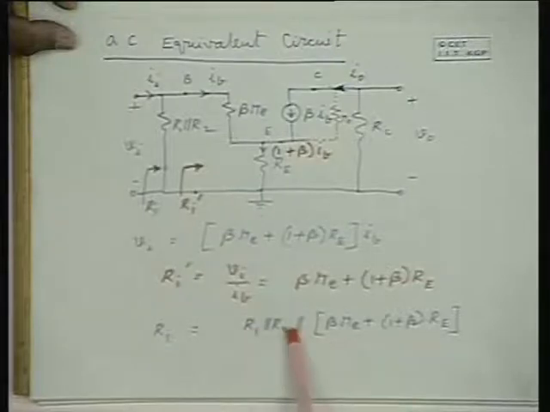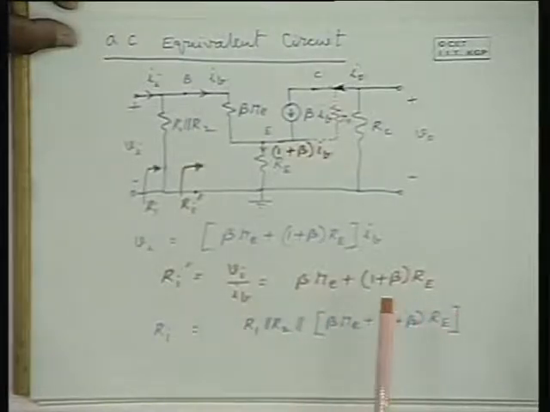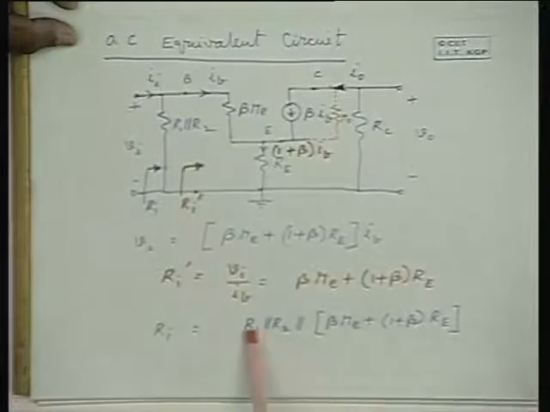If R1 and R2 are large enough, the input impedance is very large when this term is there. Now with RE bypassed, input impedance goes down to beta re in parallel with this itself. So input impedance is considerably reduced with the emitter bypass capacitance, and the expression is this, as I have explained.